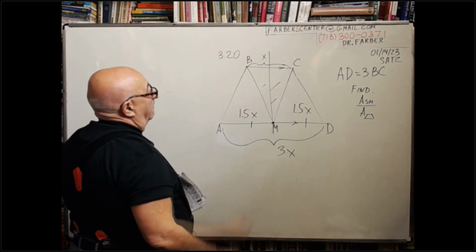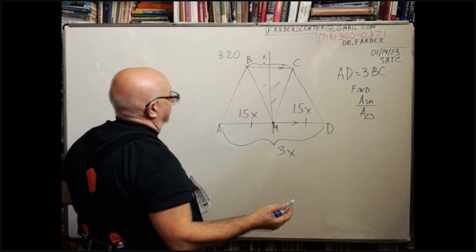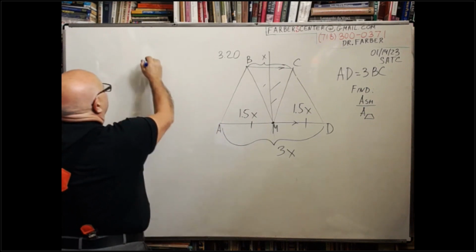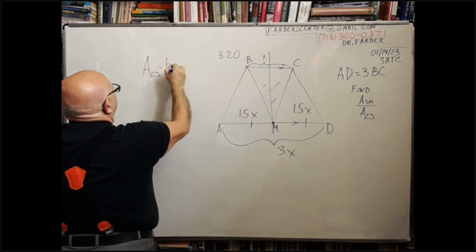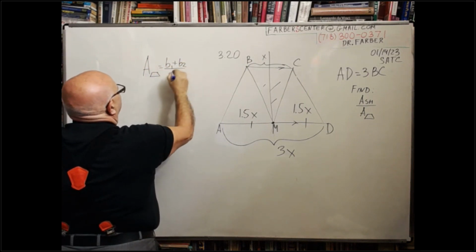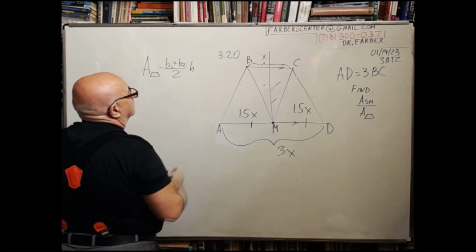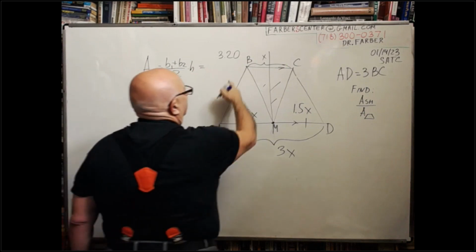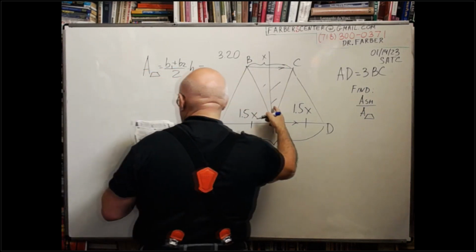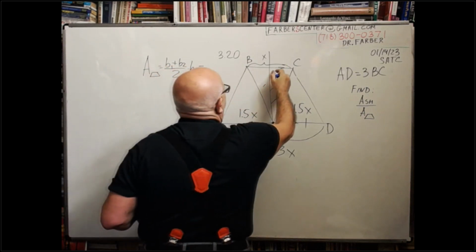Well, we did this today, the area of a trapezoid. Generally speaking, base 1 plus base 2 divided by 2 multiplied by height. Here this is x, this is 3x, and this is the height.